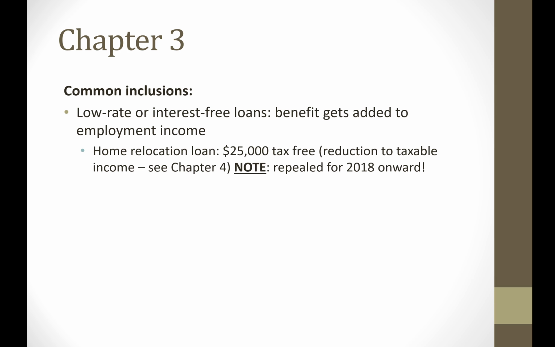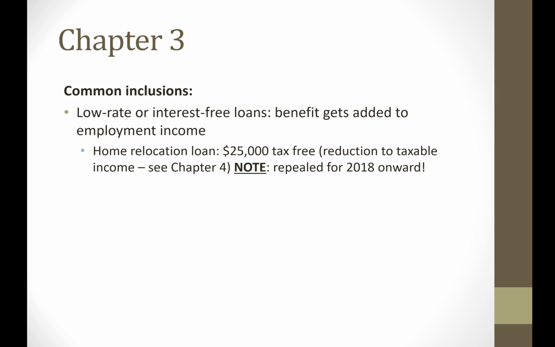Let's move on to the next slide and talk about low rate or interest-free loans. If the employer grants a low rate or interest-free loan to the employee, then the employee has to determine whether there's a benefit that has to be included in their employment income. Now, this benefit is calculated by comparing the interest rate charged by the employer to that of the CRA prescribed rates. If the interest rate charged by the employer is below the CRA prescribed rates, then the employee needs to calculate this benefit.